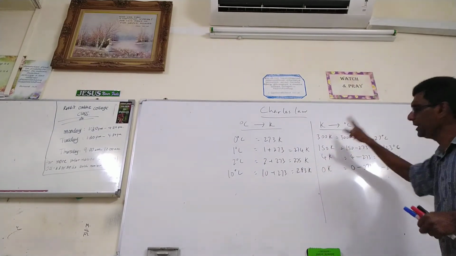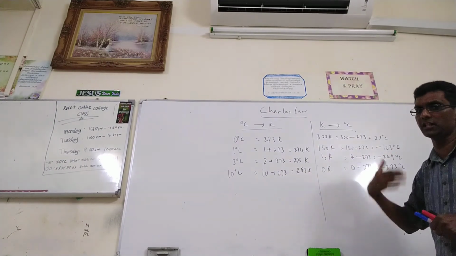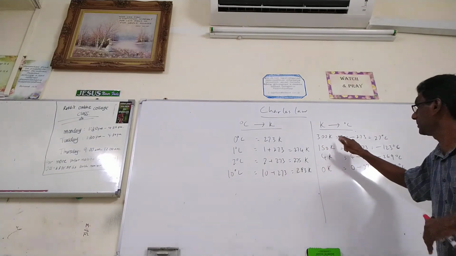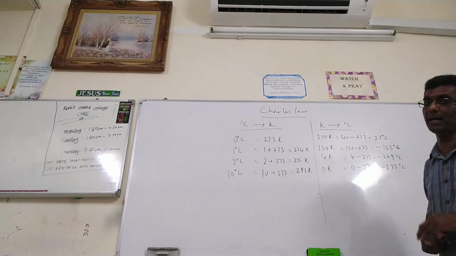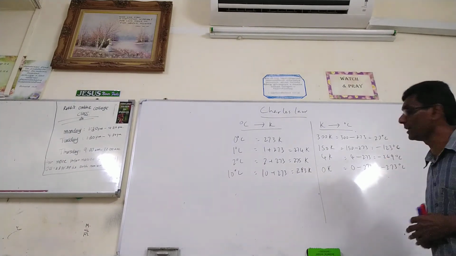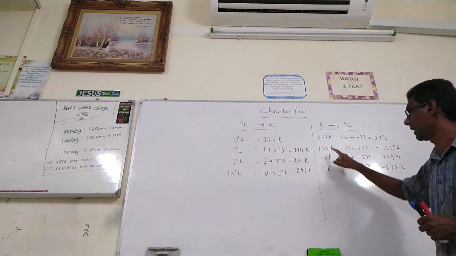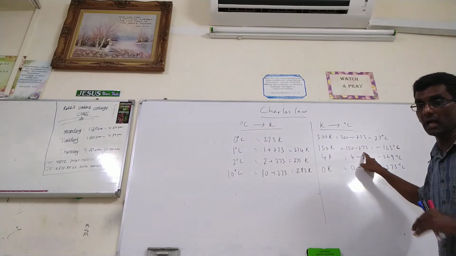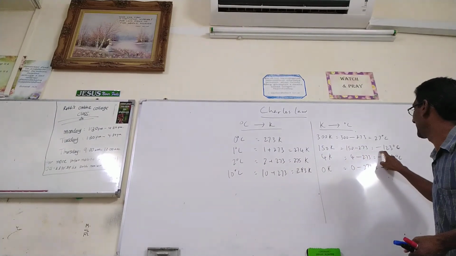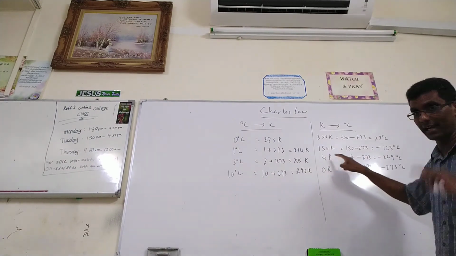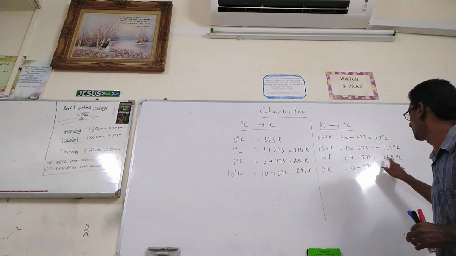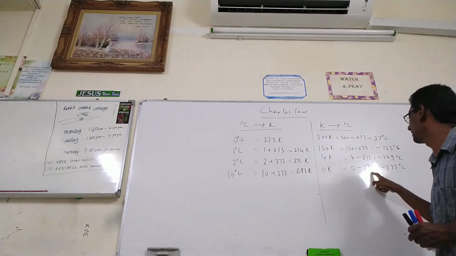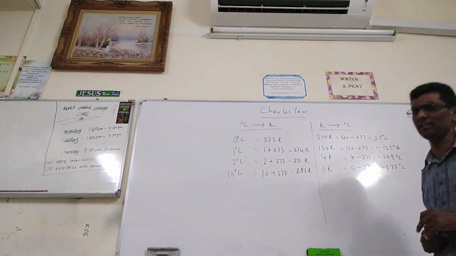Now Kelvin change to Celsius. 300 Kelvin means 300 minus 273, that is 27 degrees Celsius. 150 Kelvin equals 150 minus 273 equals negative 123 degrees Celsius. 4 Kelvin is negative 269 degrees Celsius. 0 Kelvin equals negative 273 degrees Celsius.